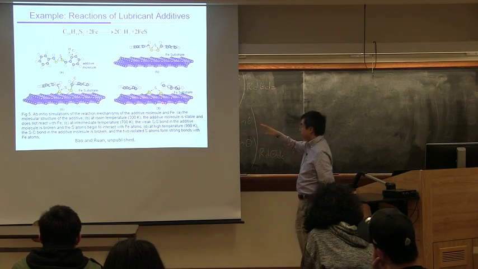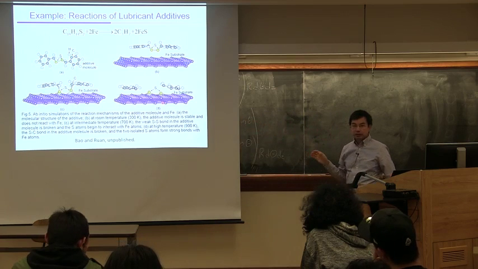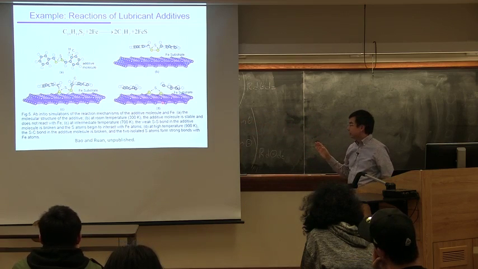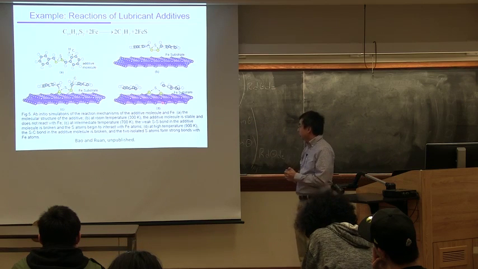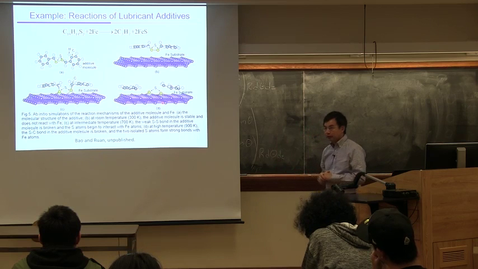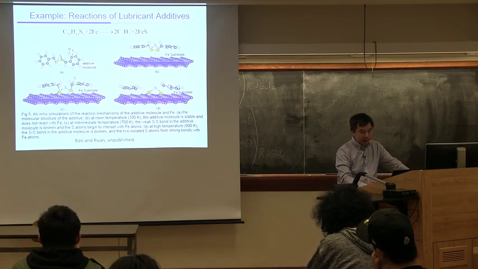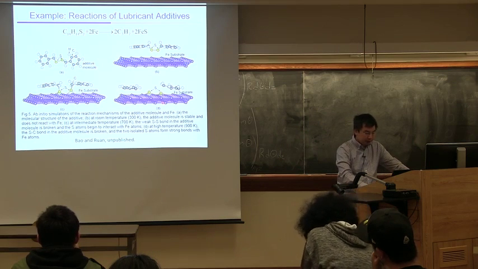It can start to protect the iron on the surface. So you can see that we can sacrifice the additive molecule, but not the metal surface itself. This is how these lubricant additives work at high temperature, when the combustion happens.